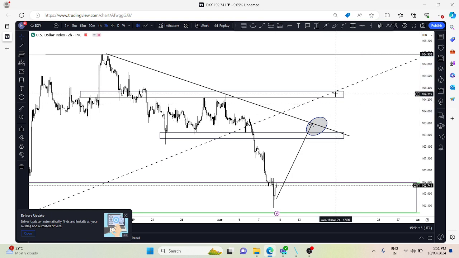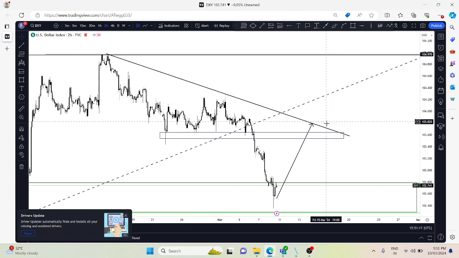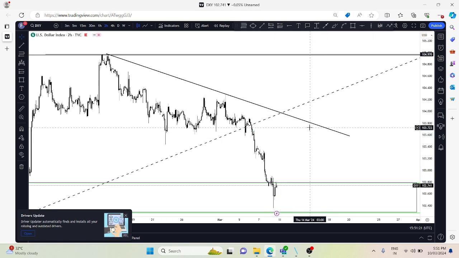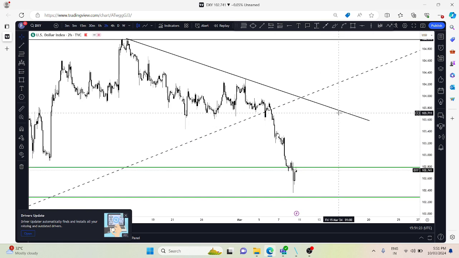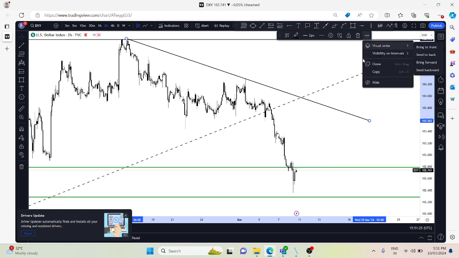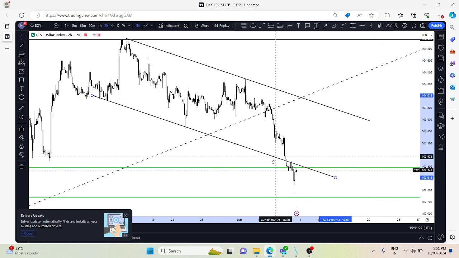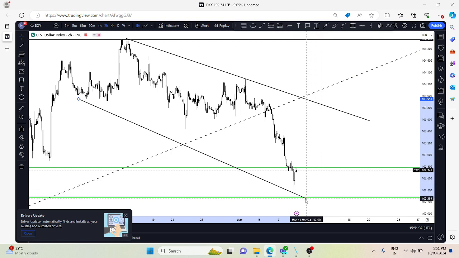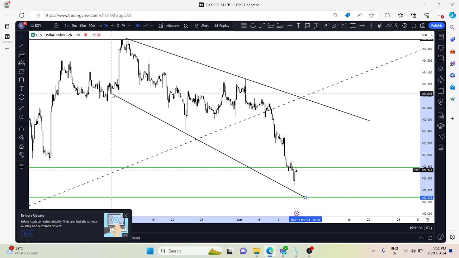But this is just an analysis to help you see that you can have a lot of confirmations before actually entering a trade. Now we can clone our trend line and try and fit it around these areas. We can try from here, it's 1-2 touch, and we can also try around here.